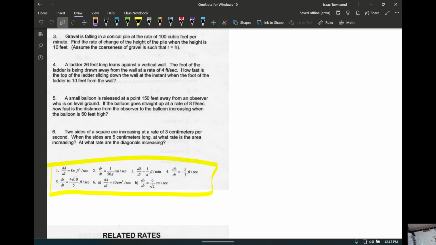Alright, 3. So we got another cone question. Gravel's falling into a conical pile. So that's a cone. At a rate of 100 cubic feet per minute. So that's going to be how volume is changing, not velocity.